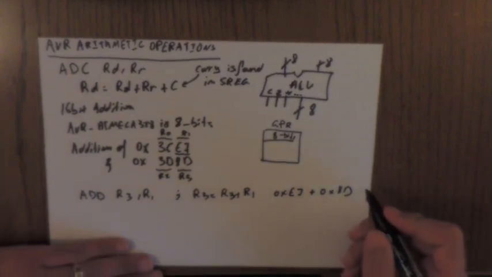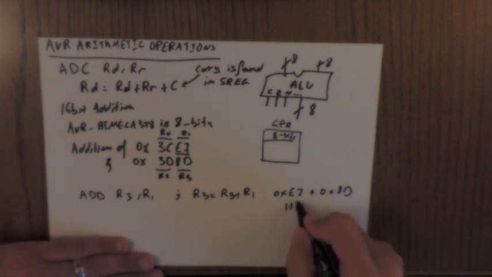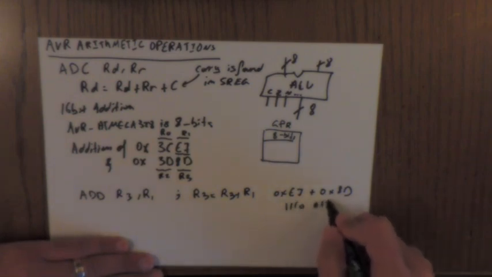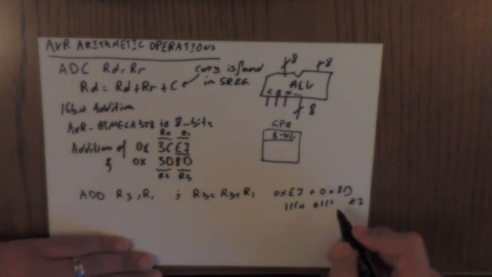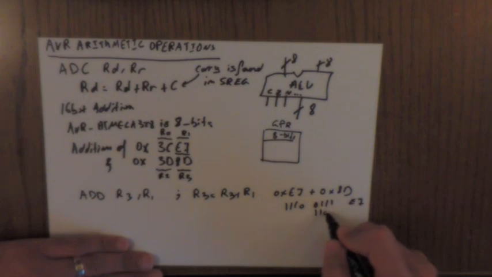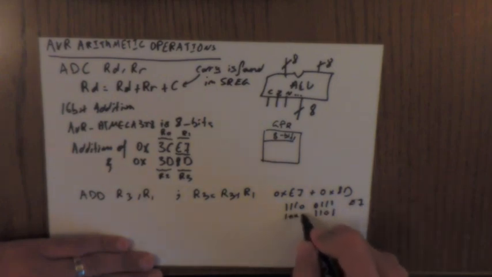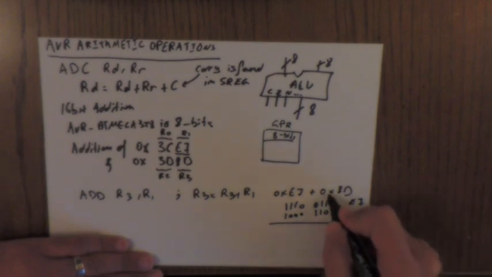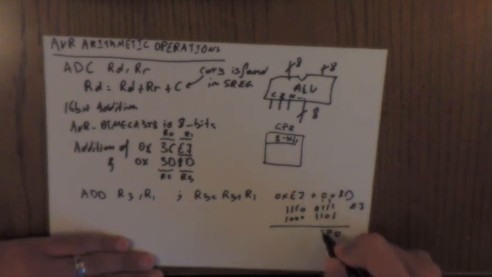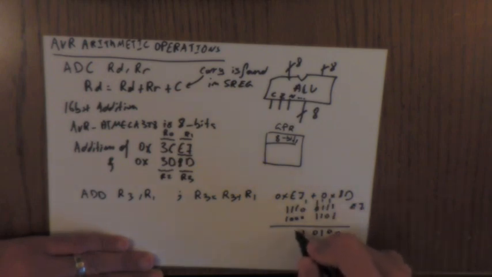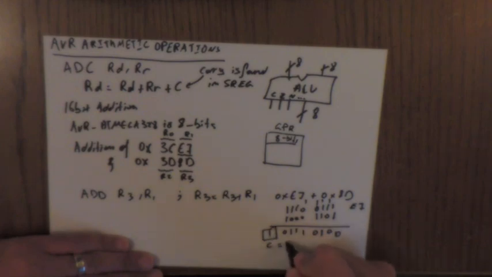Now if we do the addition of these two, E7 and 8D, we notice that the carry is equal to 1 after doing this addition.